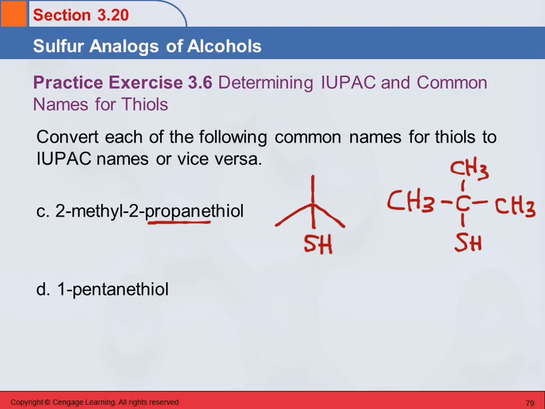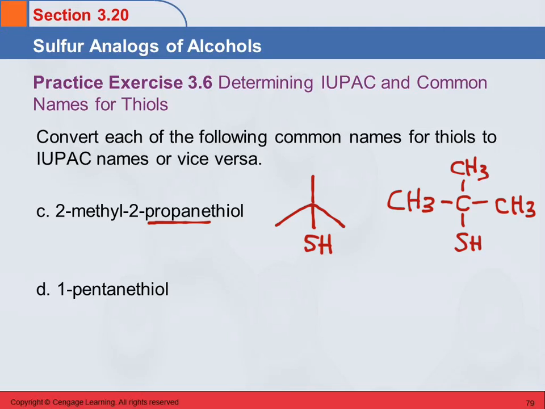Now, if we're trying to do the common name for this, it's something mercaptan. We need the name of this as a functional group. Remember the name of that? I think it's called tertiary butyl, and also, no, that's it, isn't it? It's tertiary butyl.